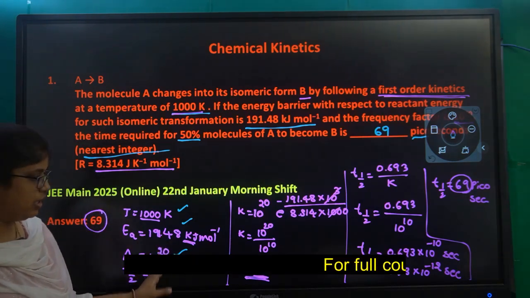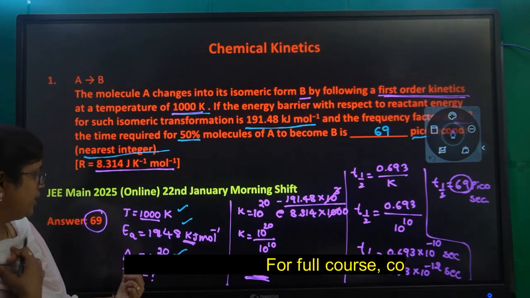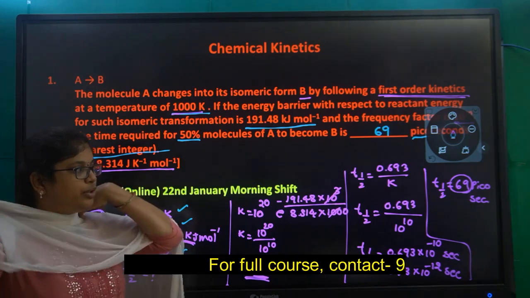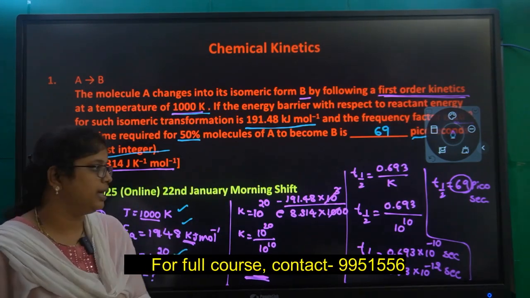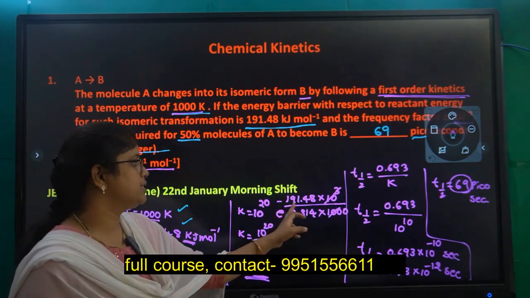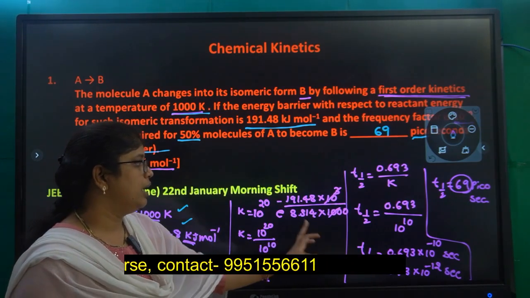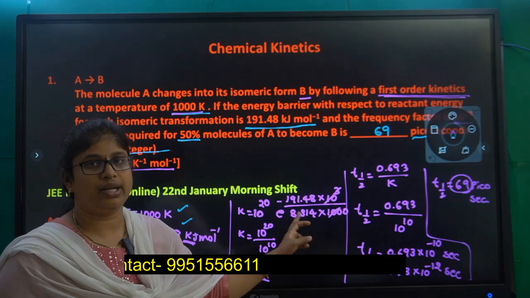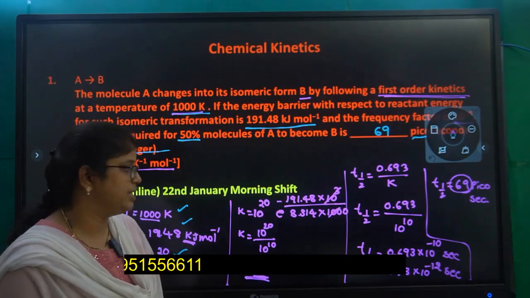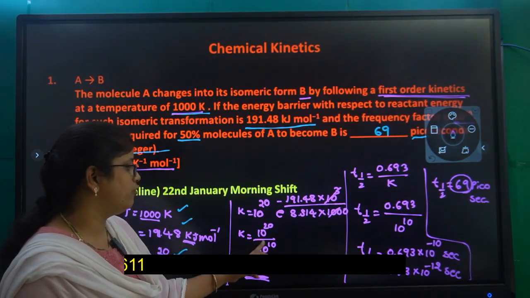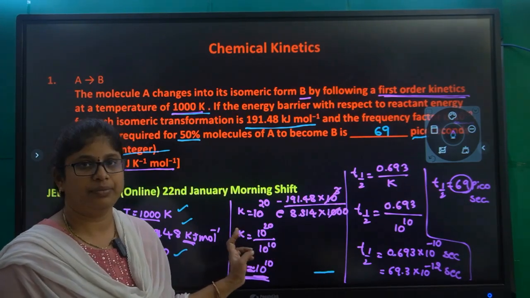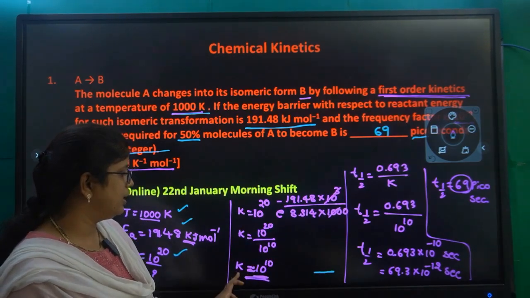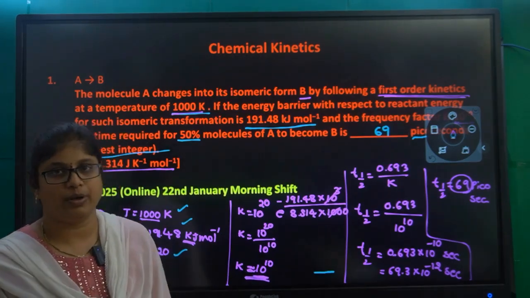To recap: first write the given data and use the formula K is equal to A into e to the power of minus EA by RT. This exponential value becomes very small, equal to 10 to the power of minus 10, so K is approximately 10 to the power of 20 divided by 10 to the power of 10, which is 10 to the power of 10.